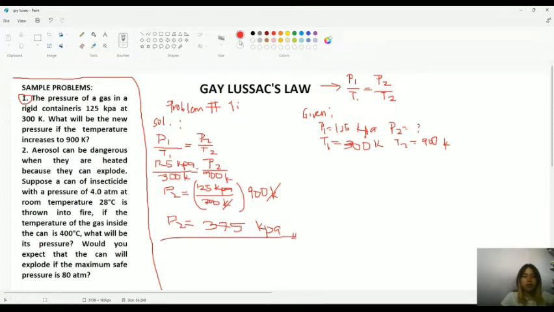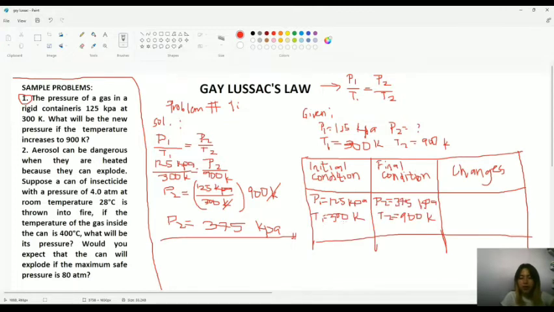And now, we're going to create a table to state the changes. Ilagay natin yung initial condition. From 125, yung pressure naging 375 kilopascal. Of course, si pressure, it increases here.